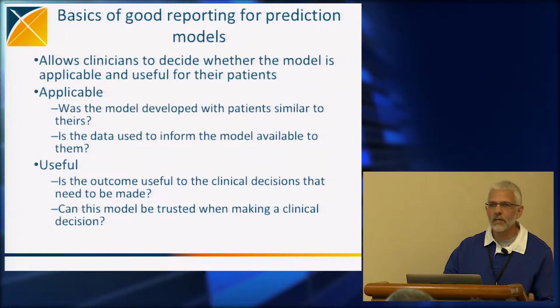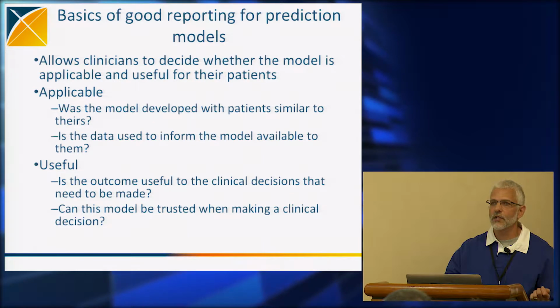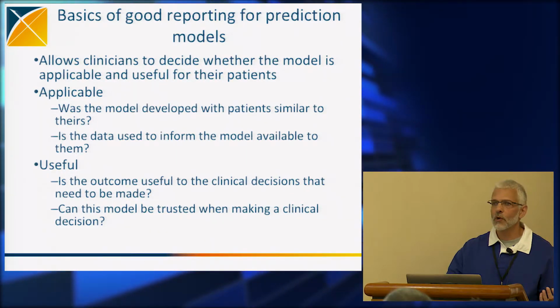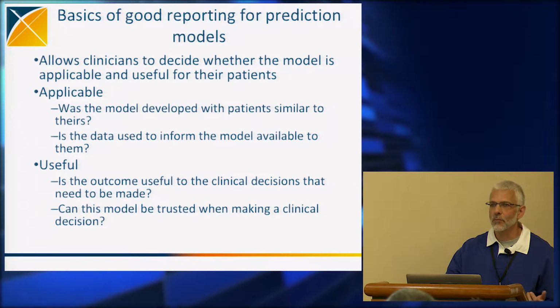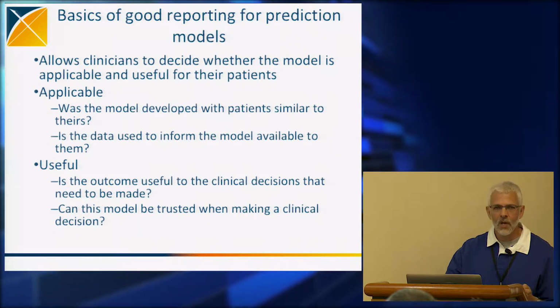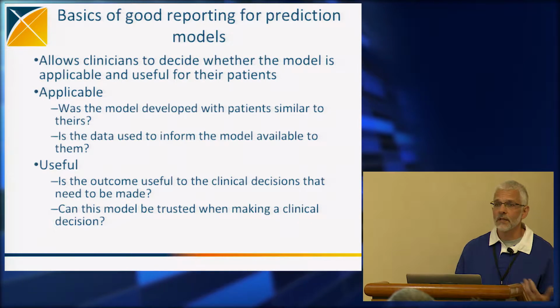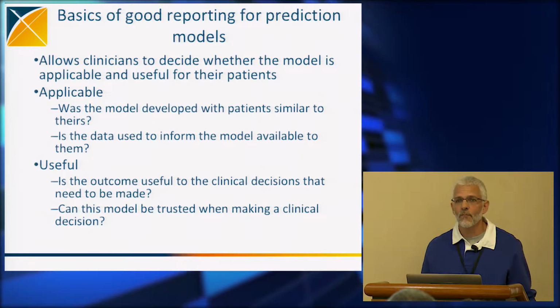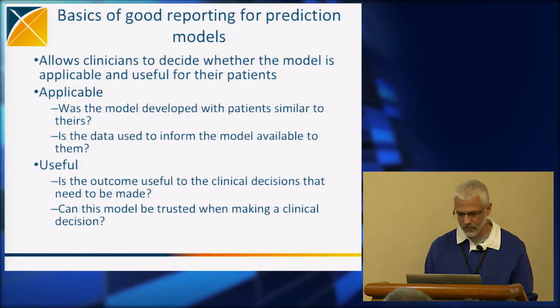How useful is it? Is it a clinical decision that's important to the clinician? For instance, stroke for patients with atrial fibrillation is a big deal. And can the model be trusted? We'll talk a little bit about what builds trust in a model.